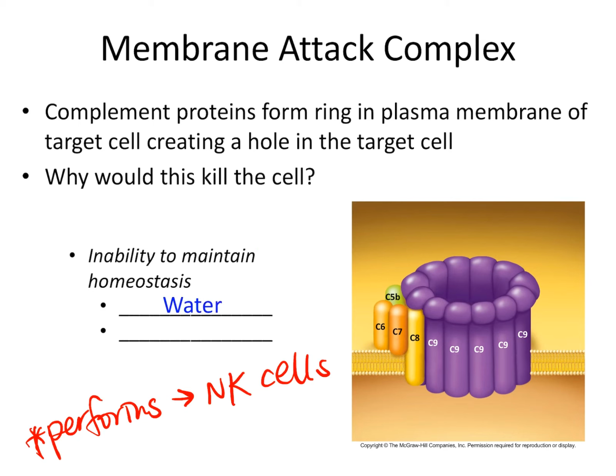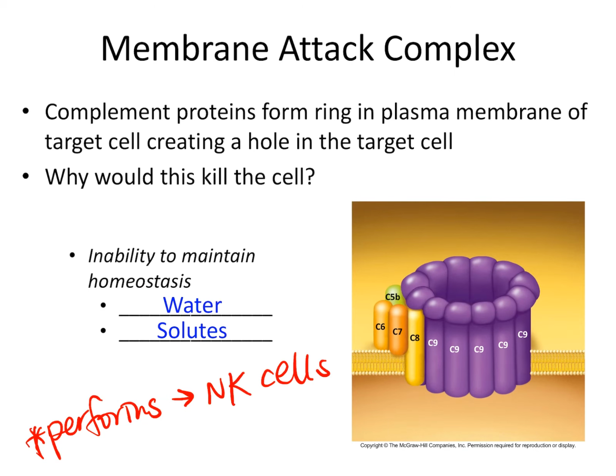So you'll see this massive influx of water into the cell, and then you'll also see that solutes now can move freely in and out through that hole in the cell membrane. Ultimately, it's this massive influx of water that usually ends up killing the cell in response to this membrane attack complex.